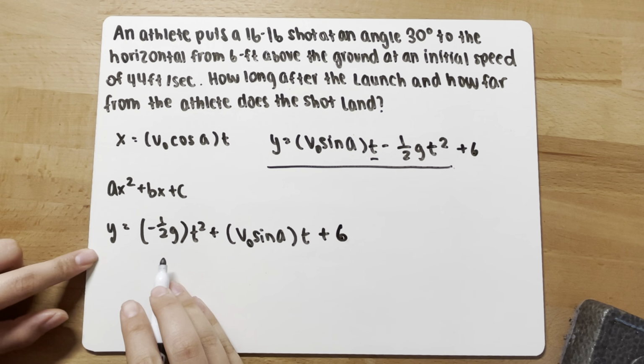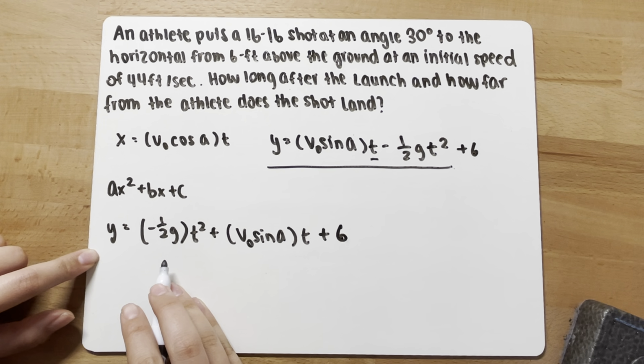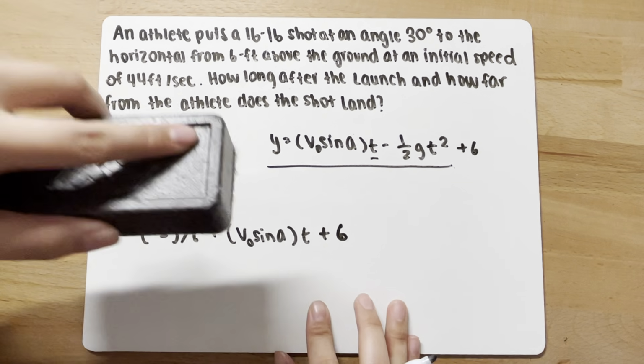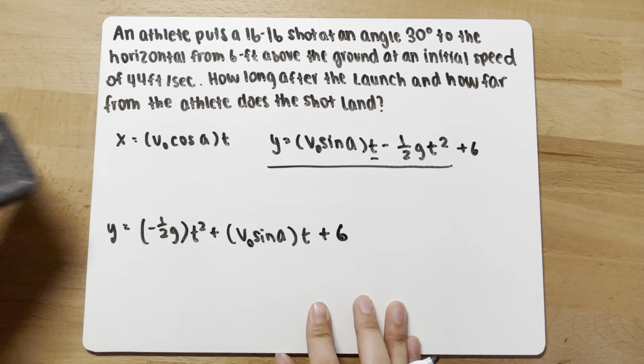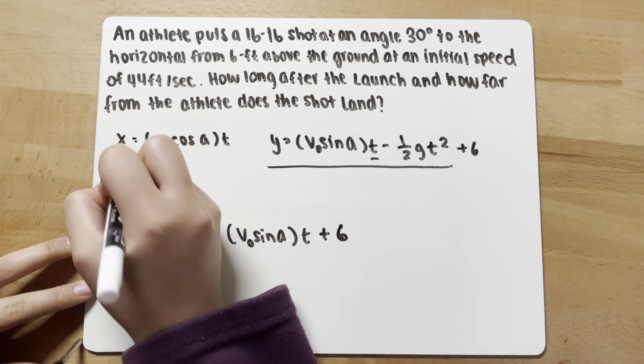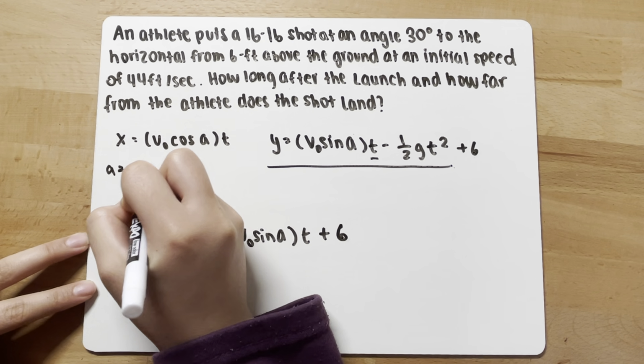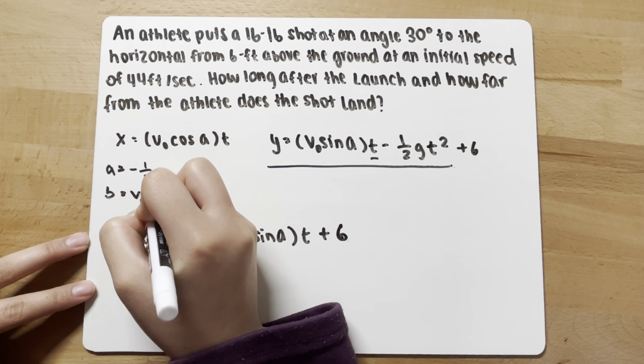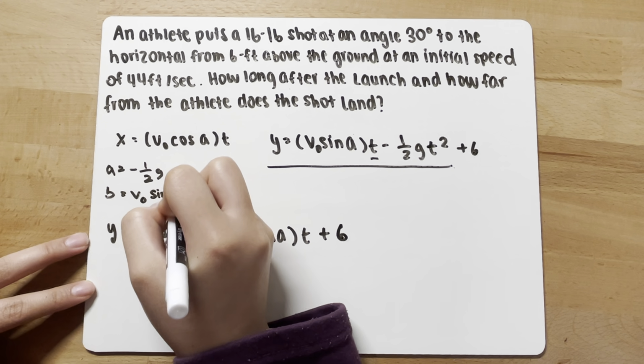So here you have the quadratic formula. Now you need to find a, b, and c. For a, you get negative 1/2 g. For b, you get initial velocity sine angle.